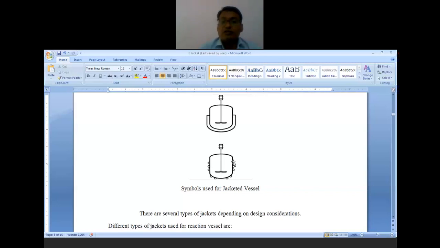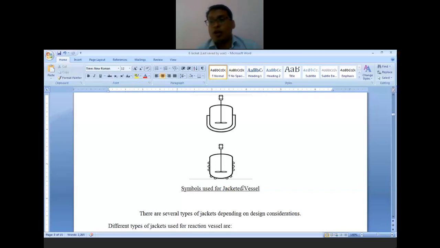And the second figure is with coils, external coils. If the external coils are provided, then the symbol will be like this, a simple reaction vessel. Now the simple reaction vessel will have a vessel and an agitator provided with it. In addition to that, we are providing a jacket or we are providing the coils.